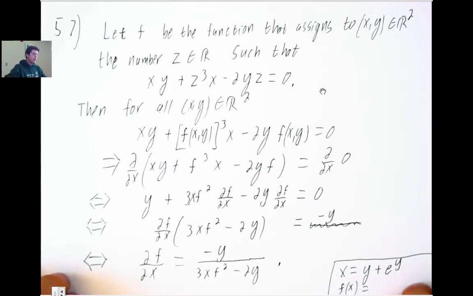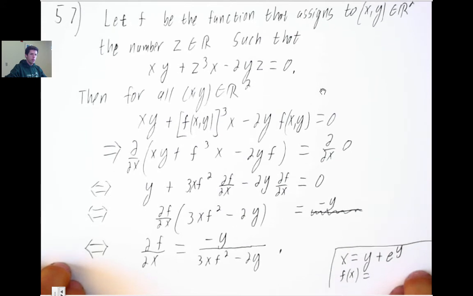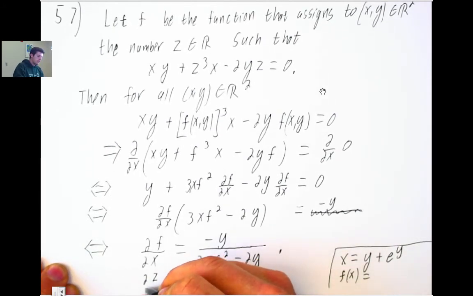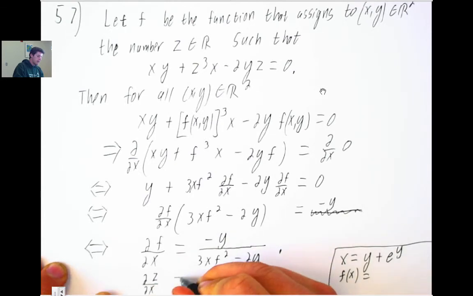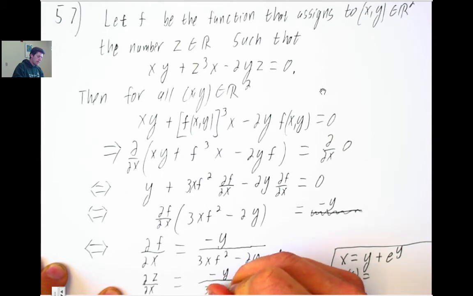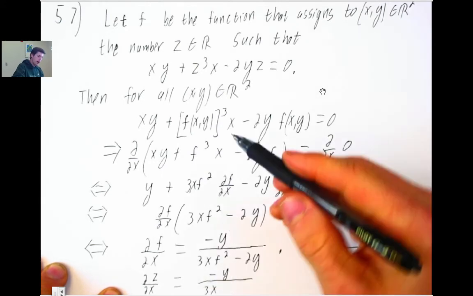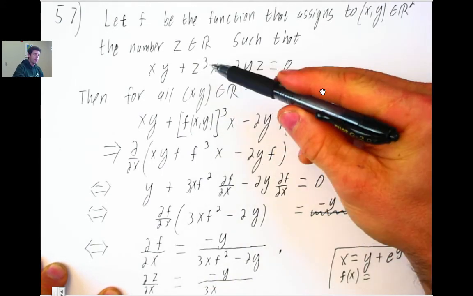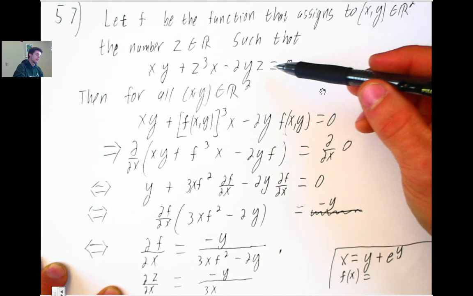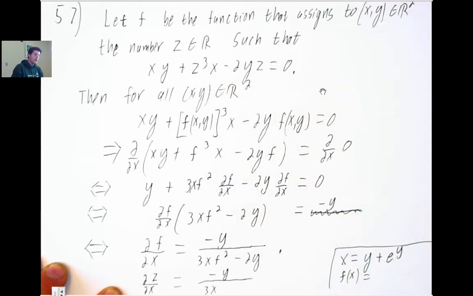Your book would prefer you, apparently, to write that dz dx is negative y over 3x. Now, remember how I replaced z with f, because that's how the function was defined, right? f of xy is z, such that z makes this equation true.